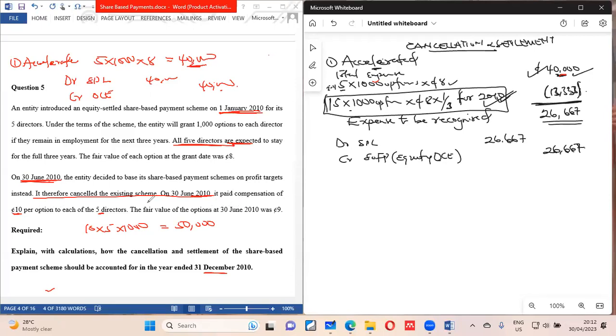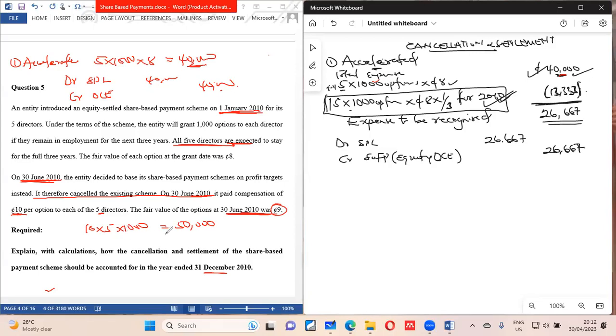The payment was 10, but the fair value of the option at that same date was what? 9, which means that they paid over by how much? 1. That is what happened. They paid over by 1.